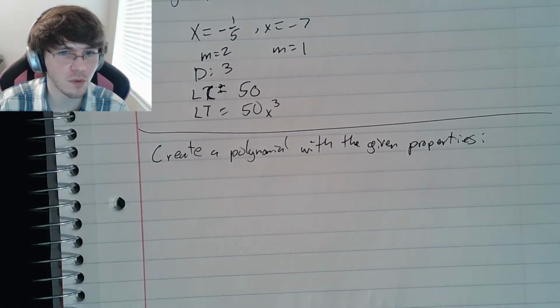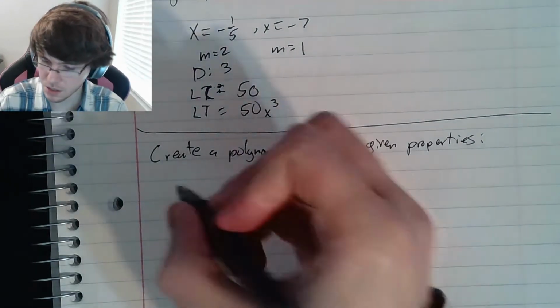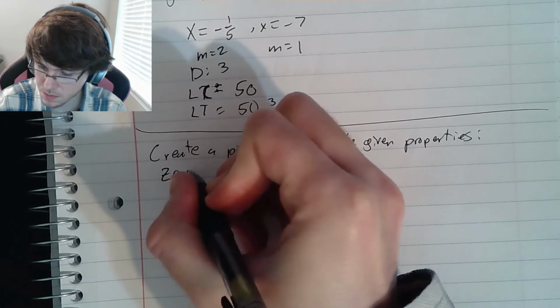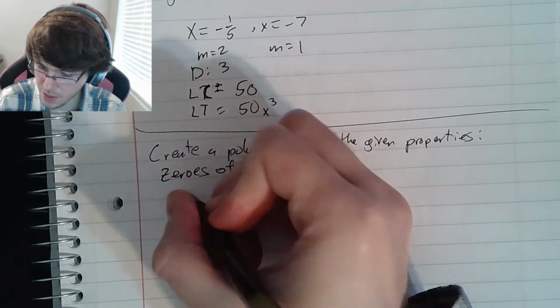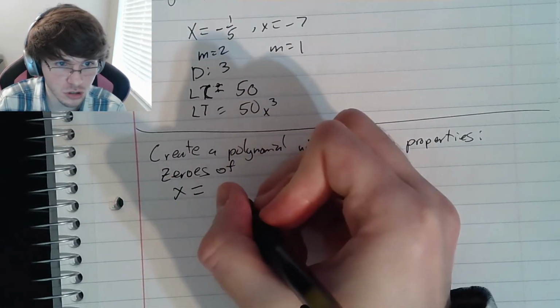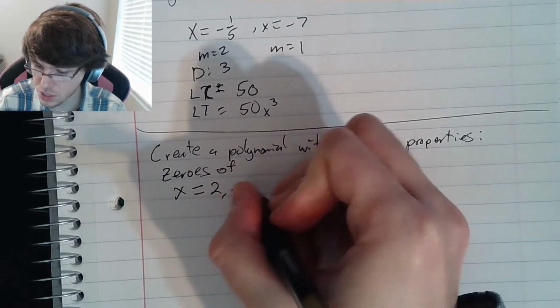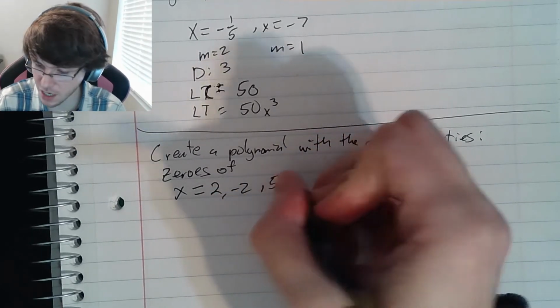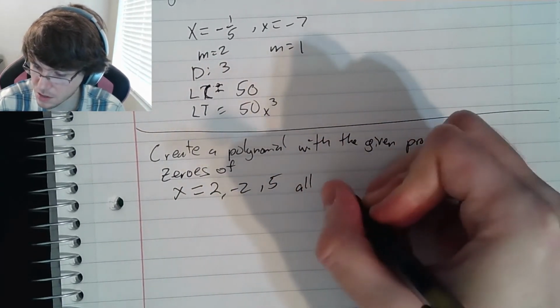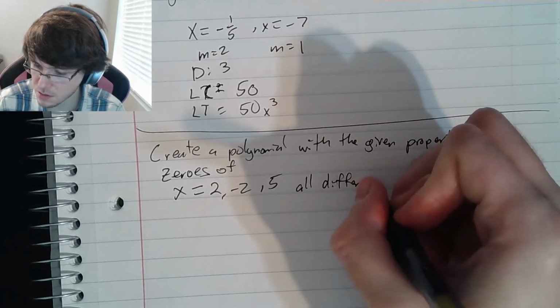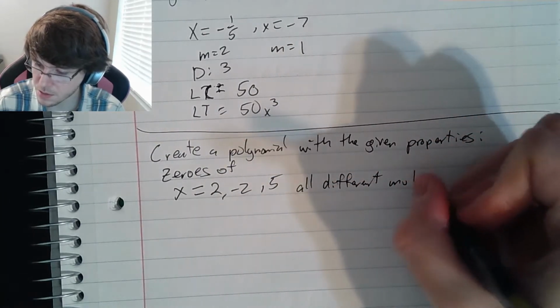And the properties I want this time are zeros of x equals 2, -2, and 5, and I want all different multiplicities.